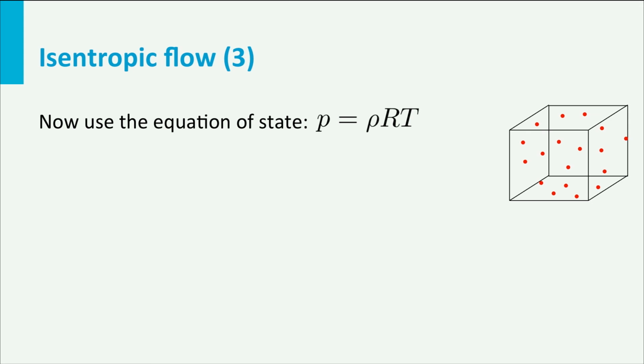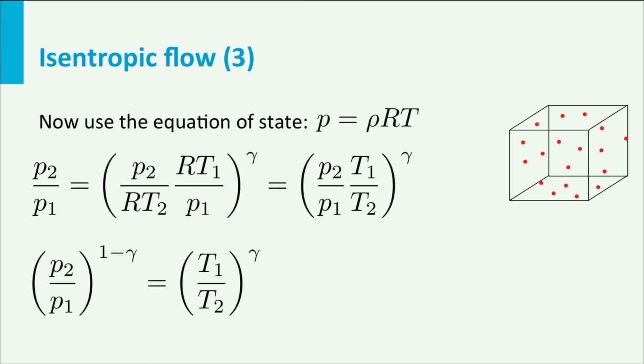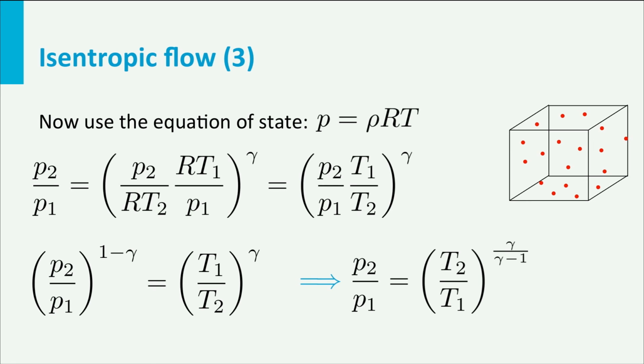From the equation of state, we know that rho is P over RT. If we replace rho1 and rho2 by P1 over RT1 and P2 over RT2, then we find P2 over P1 to the power 1 minus gamma is equal to T1 over T2 to the power gamma, or written differently, P2 over P1 is equal to T2 over T1 to the power gamma divided by gamma minus 1.